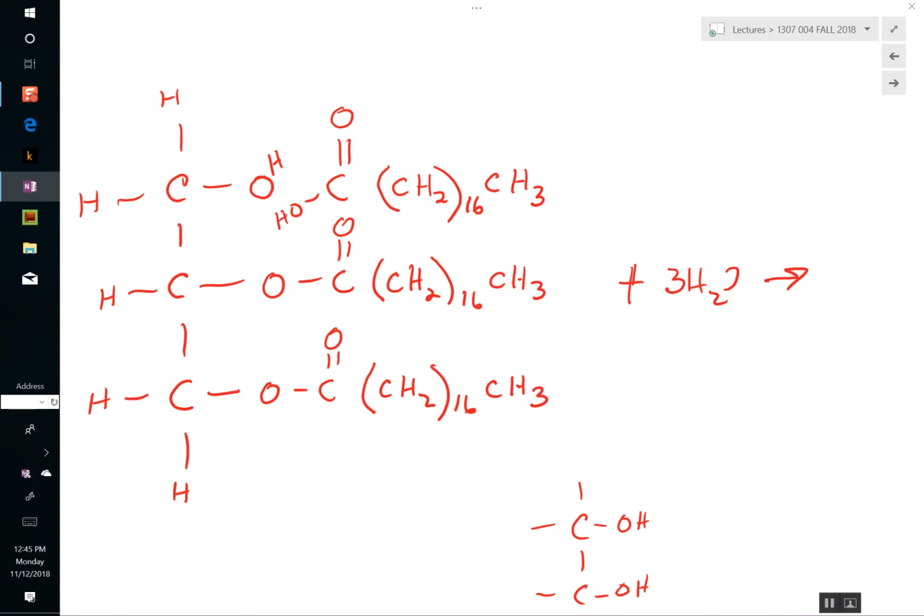You follow me, Rick? Yeah, I think so. So there's your OH, and now you also need to make this into a carboxylic acid. The left part of that becomes the glycerol, and the right part becomes 3 fatty acids.